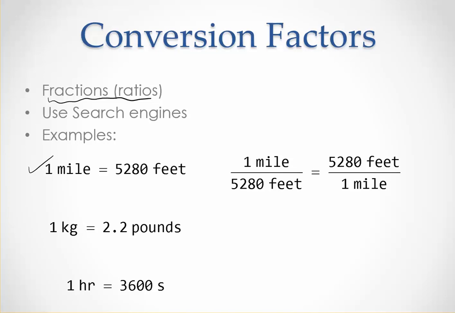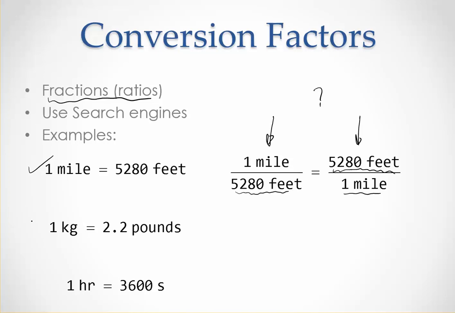We can write these as ratios because when we work with dimensional analysis, the process of converting from one unit to another requires multiplication. So in this instance, we can write 1 mile per 5,280 feet, or 5,280 feet per 1 mile. Which you use will depend on your starting unit.